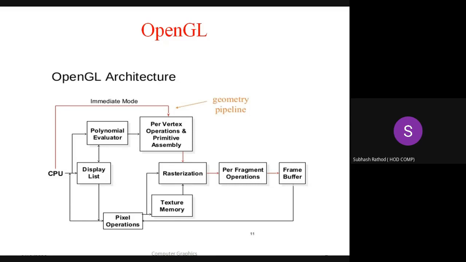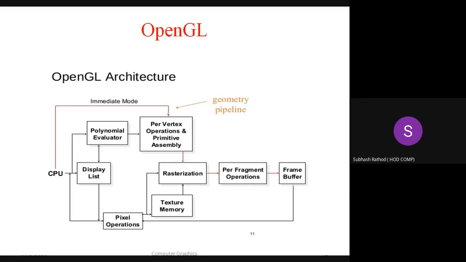As I said, using rasterization we can divide the image into various fragments, and if those fragment values are digitized and stored in the frame buffer, we can say the frame buffer holds the temporary pixel values of a particular image part.